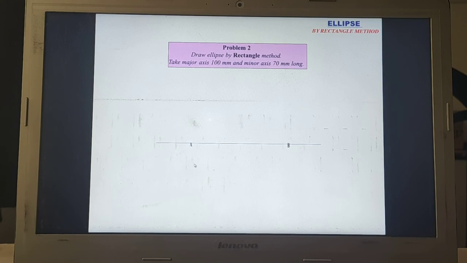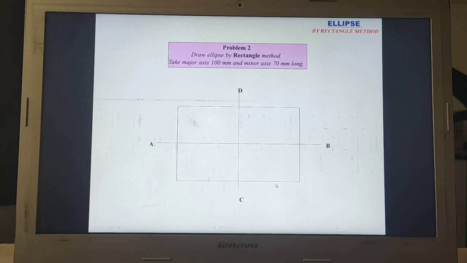Initially we draw the major axis whose length is 100 mm, then the minor axis exactly at the center, at 50 mm distance, whose height will be 70 mm. We denote these points as AB, the major axis, and CD, the minor axis.